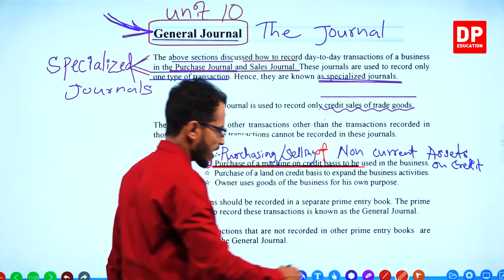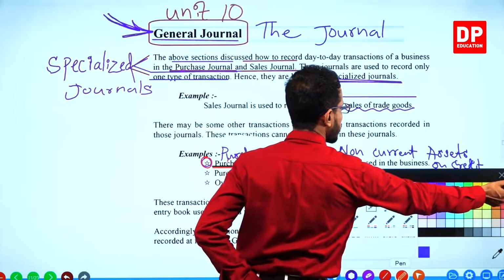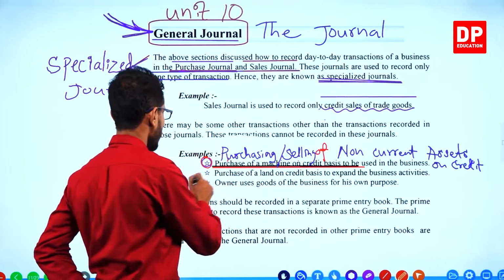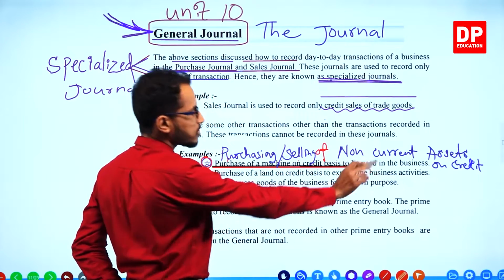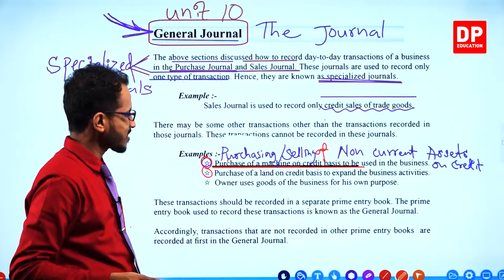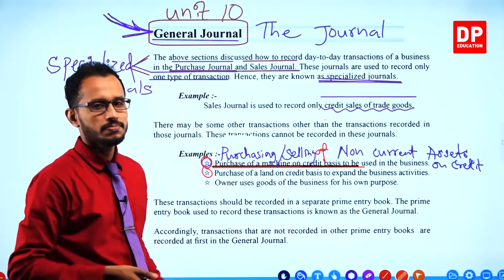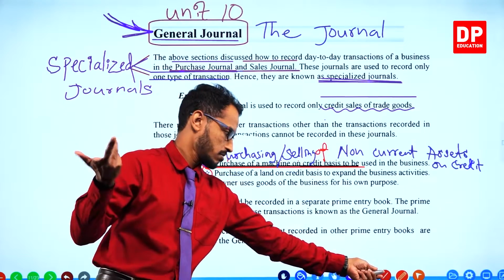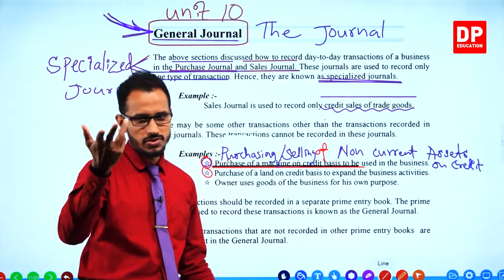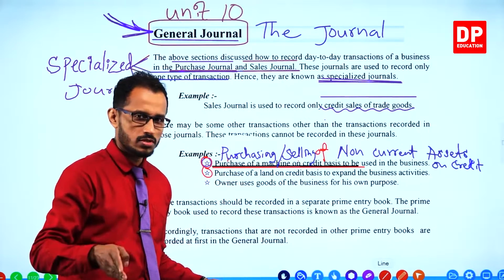And we have another transaction here, that is this one, purchasing of land on credit basis to expand the business activities. That is also purchasing of a non-current asset. You know, lands are non-current assets, right? Of course, we know those things.